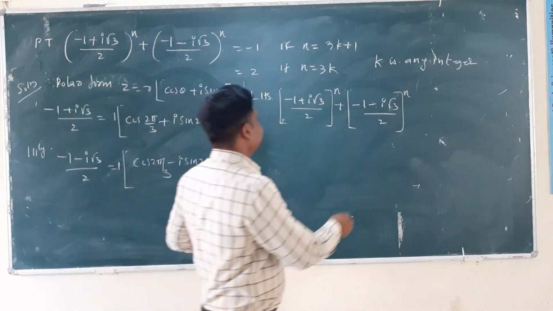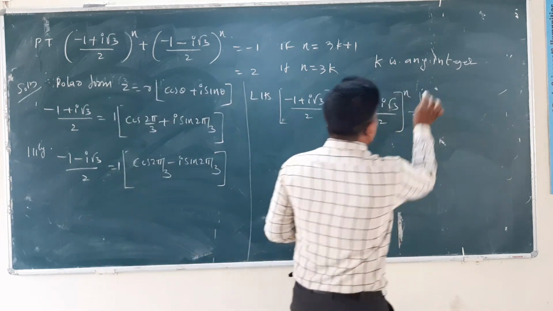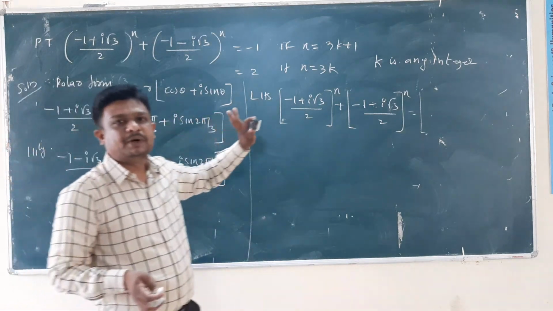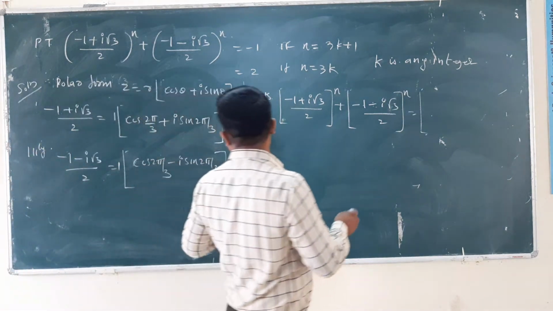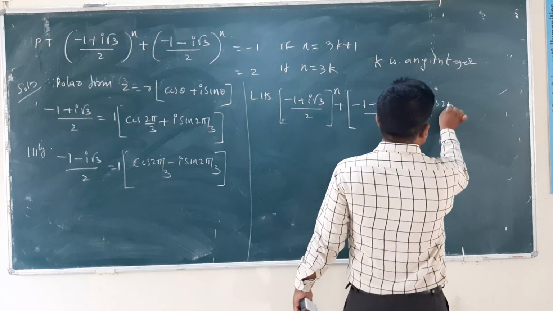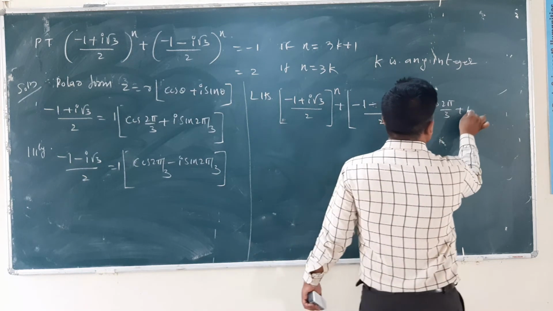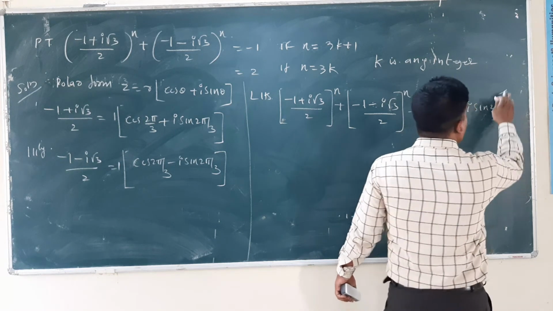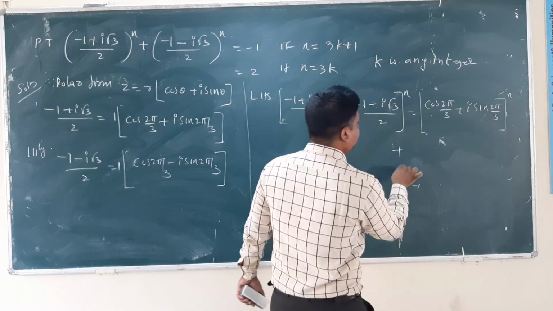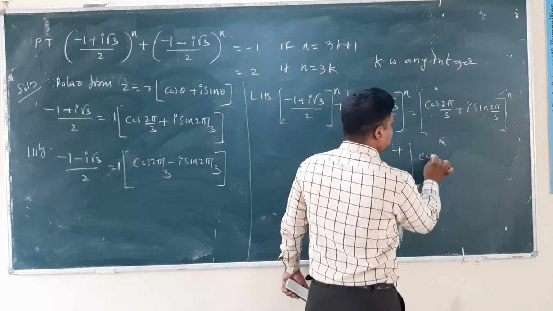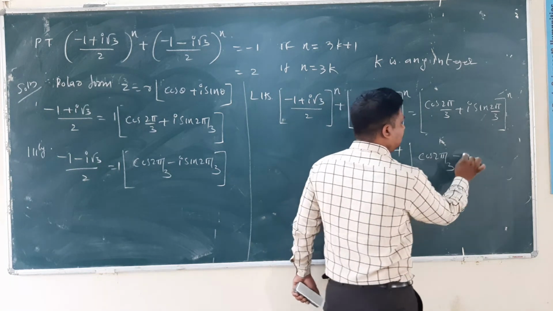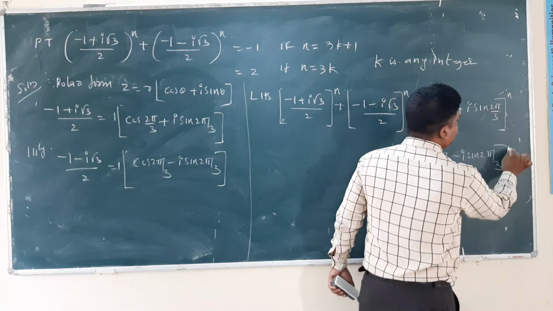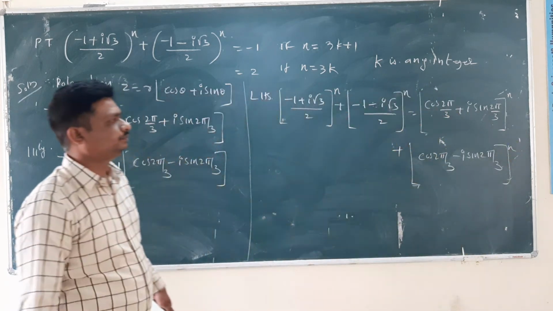So here I will not write 1, since 1 to the power n becomes 1. 1 to the power any finite number is 1. So remaining is (cos 2π/3 + i sin 2π/3) raised to n plus (cos 2π/3 - i sin 2π/3) raised to n.